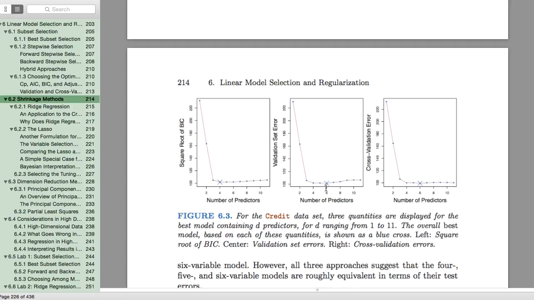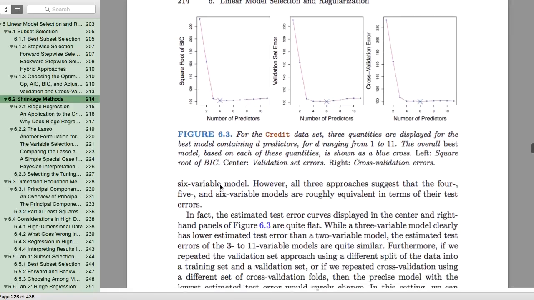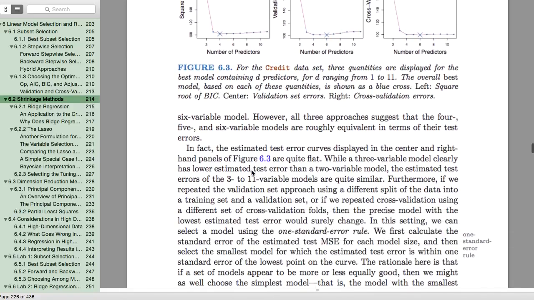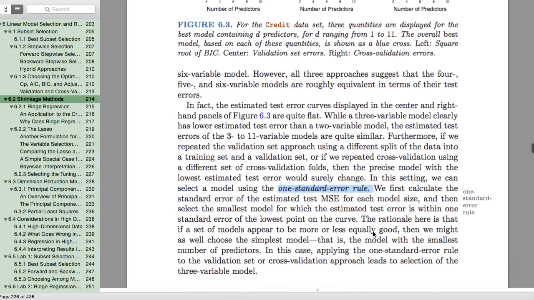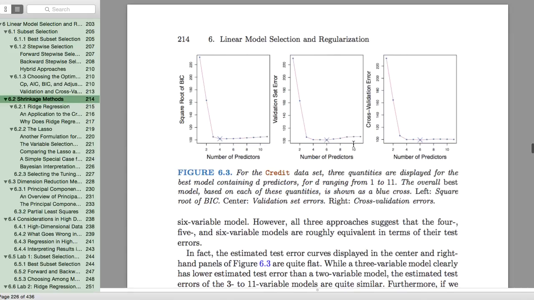The 6 is slightly better than the 4, but not much. And in fact, I think there's a suggestion here that you use the one standard error rule, and this would, in the case of either the validation or the cross-validation approach, lead us to the model with 3 predictors because of Occam's razor.